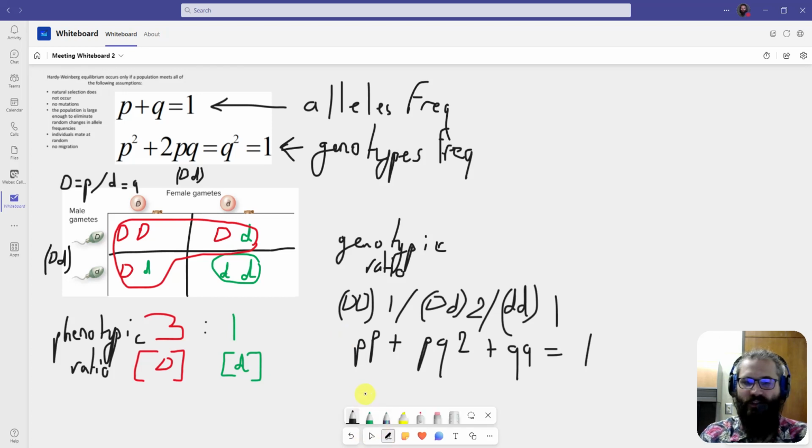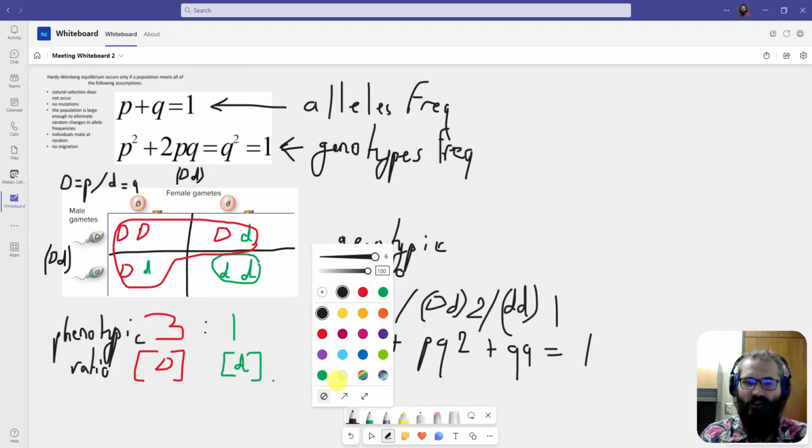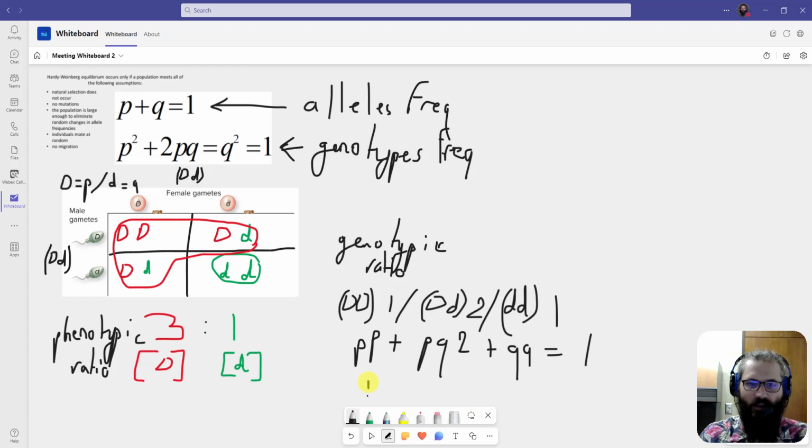And if you want to simplify that, you realize that this here is p squared plus 2pq plus q squared equals 1.